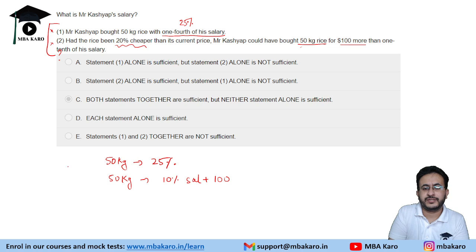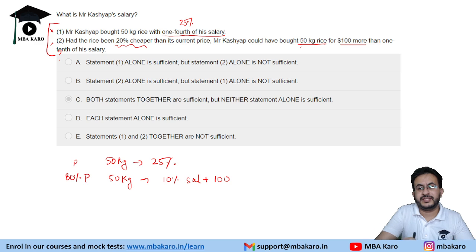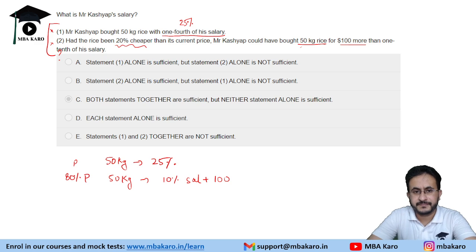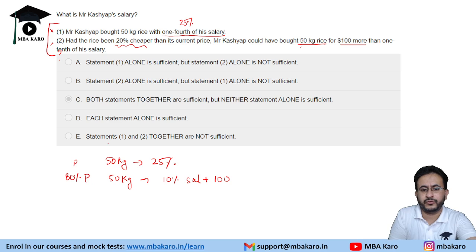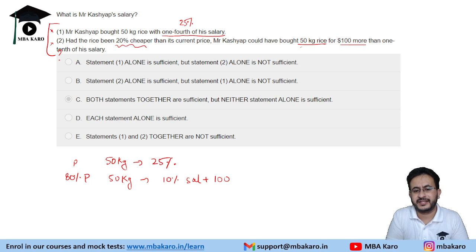Now the price was some price p, now it is 80% of p. So using these two we can calculate the price, and we can find the price and salary, because we have two variables, one is price and one is salary, so we can calculate it.